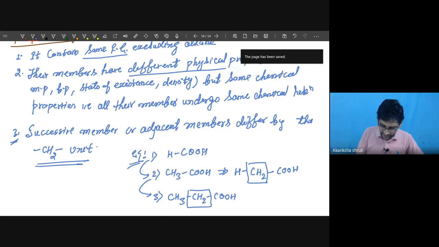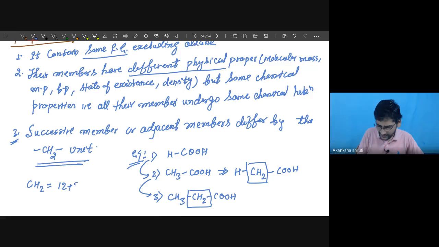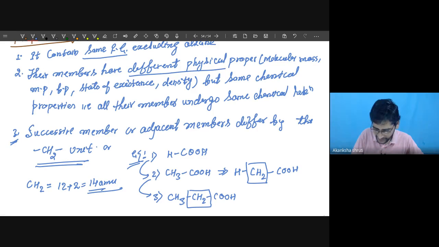Now see, this CH2 has how much mass? One carbon means 12 and 2 hydrogen means 2, so 14 AMU difference. So in terms of mass, we can write that the succeeding or adjacent member differs by 14 AMU in their molecular mass.